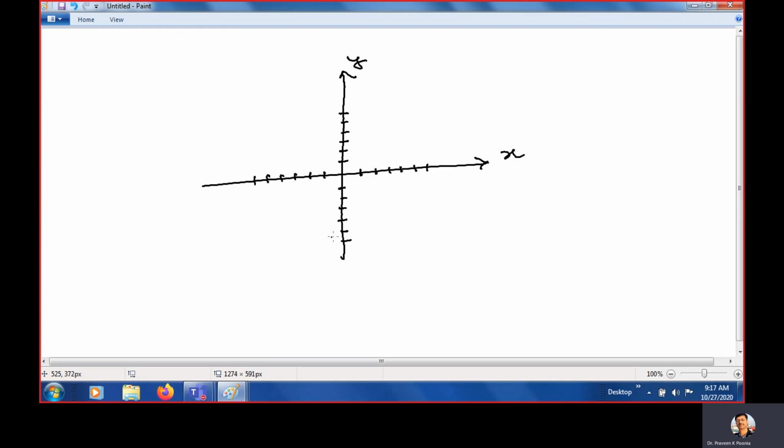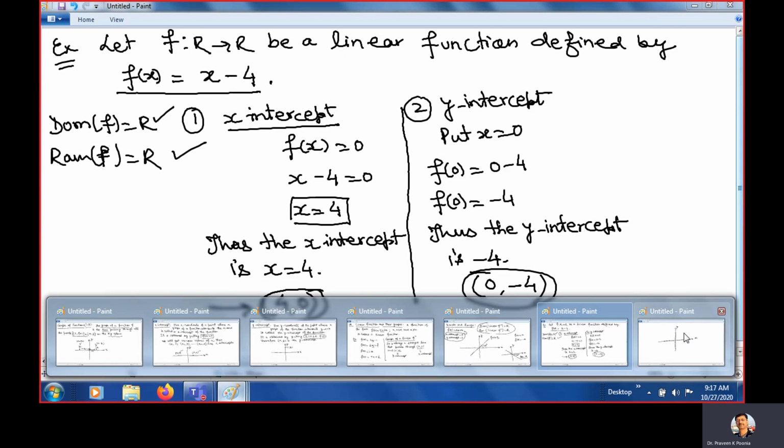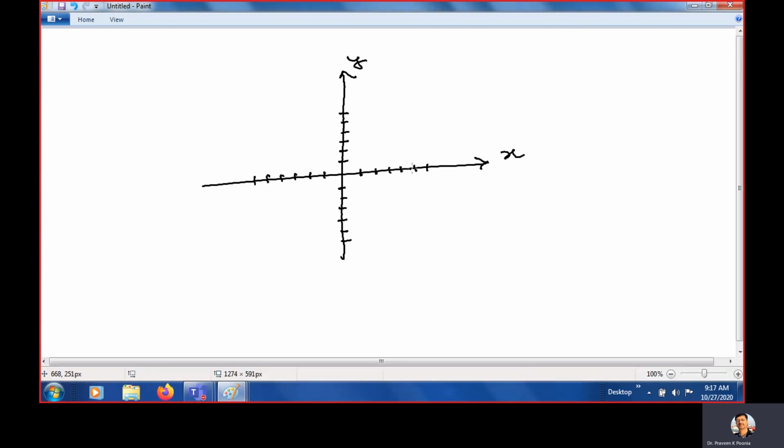Clear? Now what were the points? The points were (4, 0) and (0, -4). (4, 0) means this point, and (0, -4) is this point. X-axis positive this side, negative this side. Y-axis positive this side, negative this side.